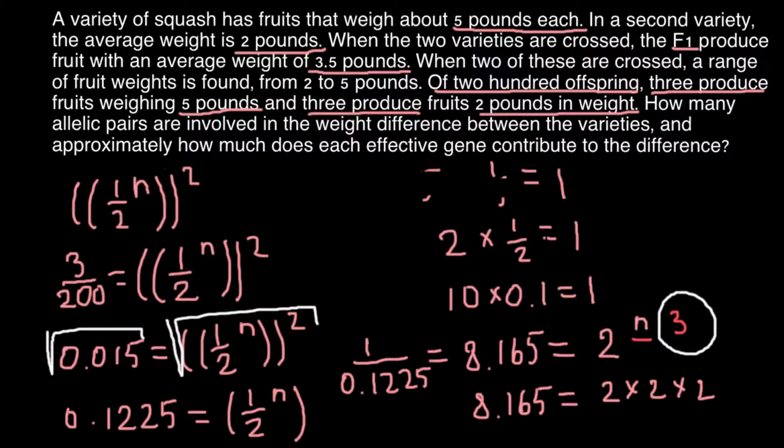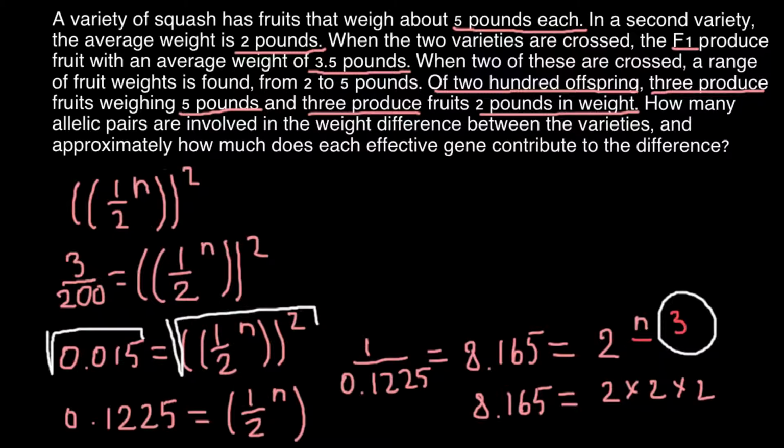Let me clean a space and one more time demonstrate what we got as an answer. So we have the genotype of the first parent: capital A, capital A, capital B, capital B, and capital C, capital C. So here we have 3 genes, gene A, gene B, and gene C, that give us 3 loci and 6 alleles.